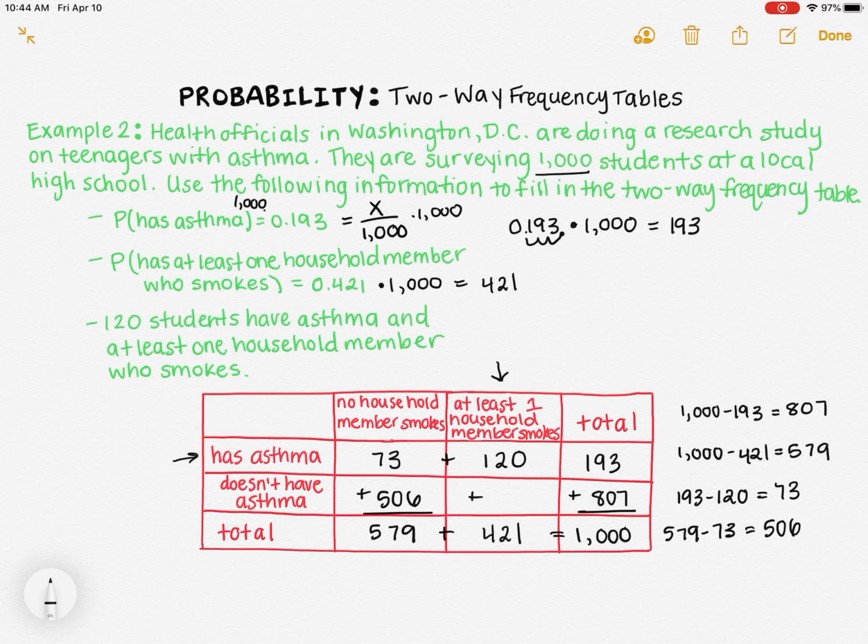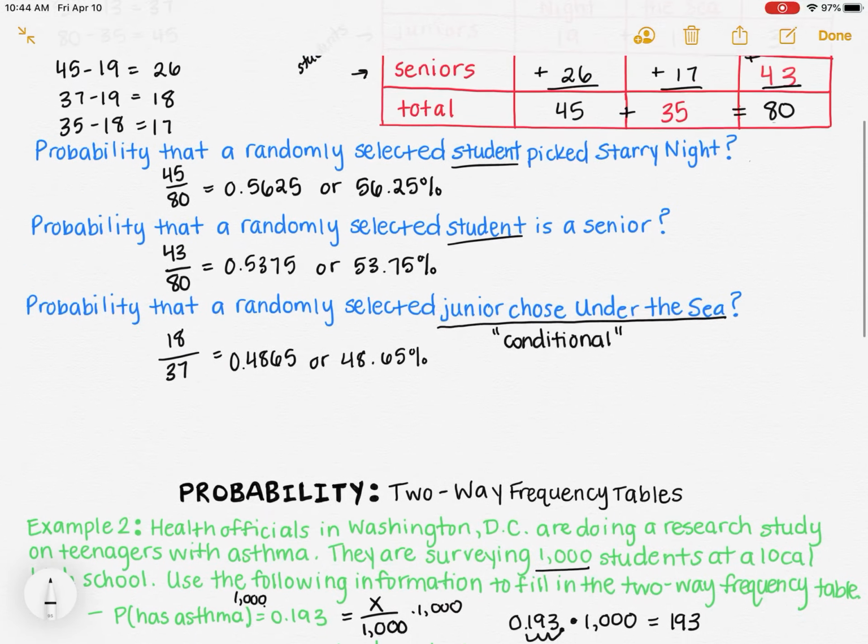And then same thing here, or you could do the row for this one if you want, but I'm going to do the column. 421 minus 120 gives me 301. Right, that's how you can fill in your table, either by being given, the first example showed when you're given some numbers to put in the table, and this example showed when you're given probabilities.